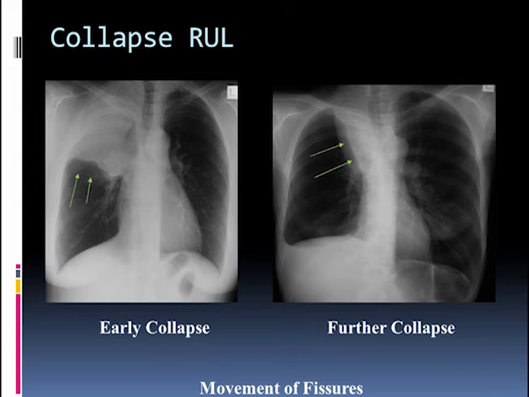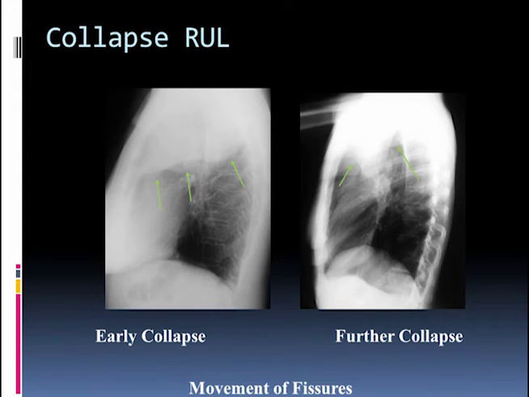However, if you look at the second image on your right side, the diaphragm is higher, the trachea is bowed over towards the right side, and again you see both of those fissures have moved so that there's volume loss. Now, if we look at the remaining aerated portion of the lung, you can see how much blacker it is than the normal lung on the left side.